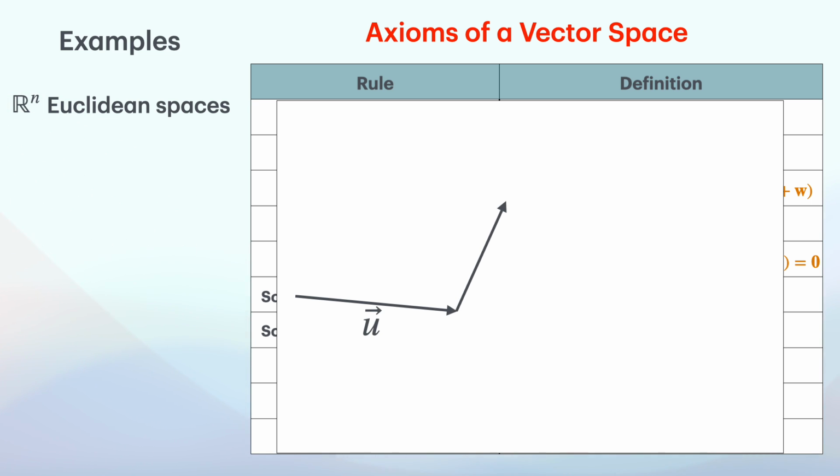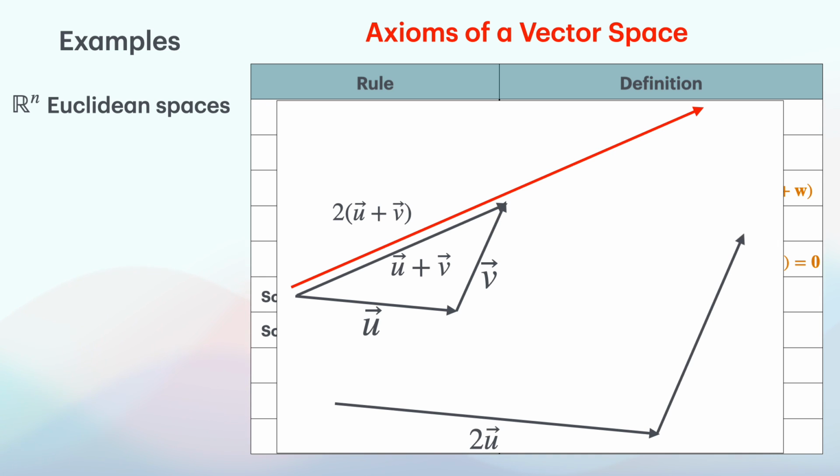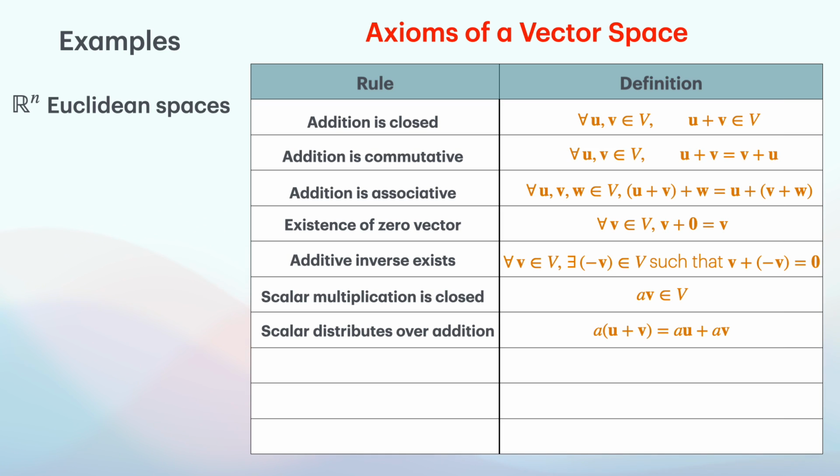Here we add two vectors first, then multiply the result by a number. Next, we multiply each vector by the same number first, then add them. The final vectors are identical. Scaling a sum is the same as adding the scaled vectors.